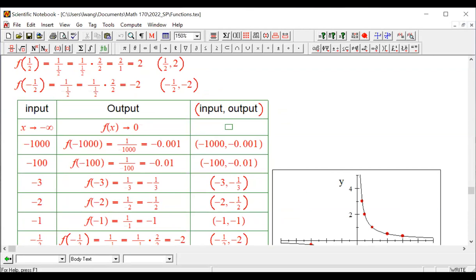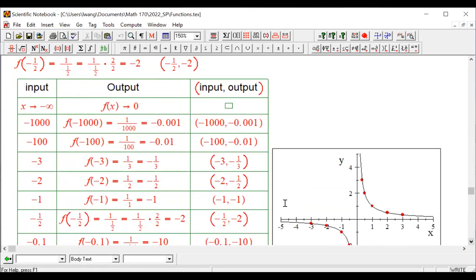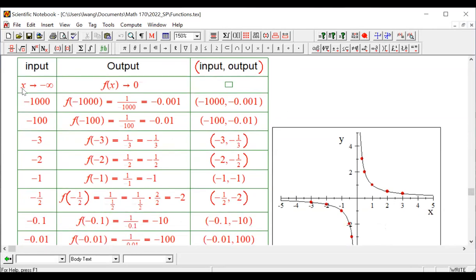Over here, yeah, got it. When x is approaching negative infinity, the function approaches 0, but a negative 0, so from smaller than 0. Do you see that little 0? There's a little negative sign on the shoulder.